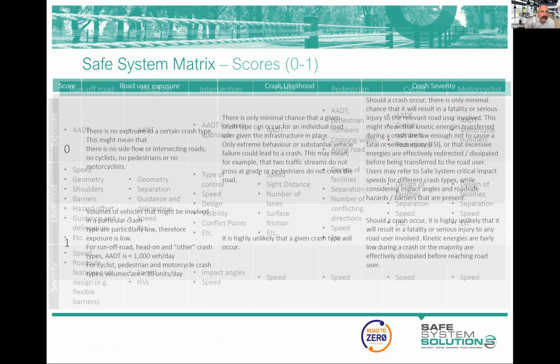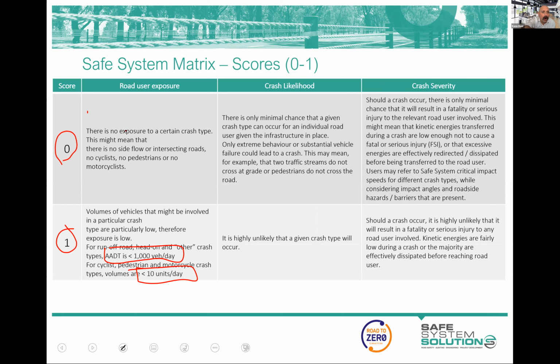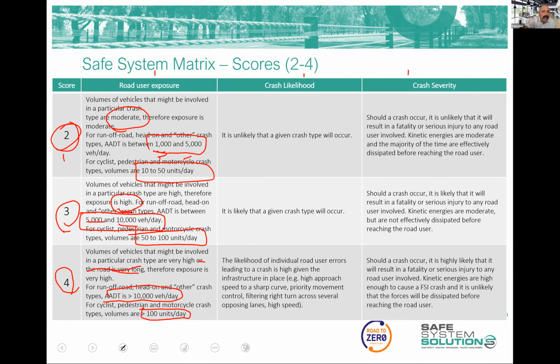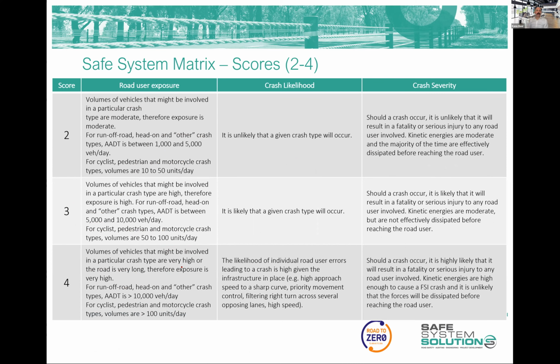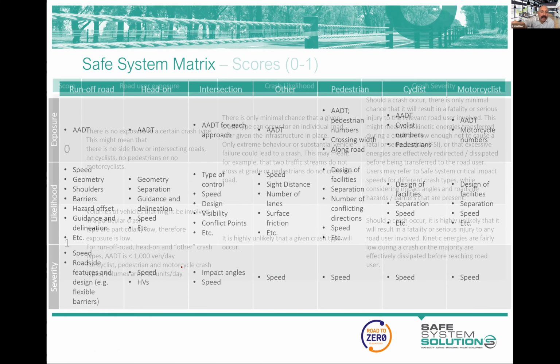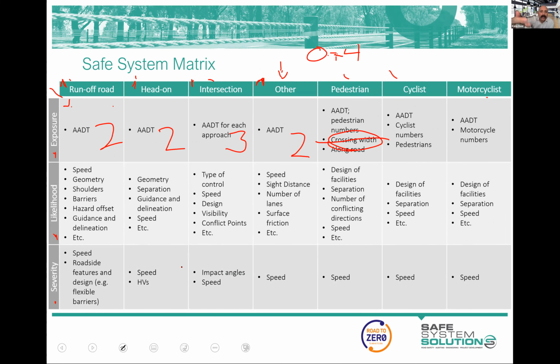Now, are we talking about moderate volumes, high exposure, very high exposure? So we're trying to gauge that, and you end up making a bit of a judgment call as to what might be there. They might have pedestrian counts. We're going to say this is a very remote area, maybe.